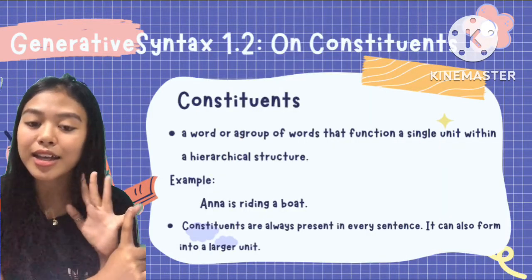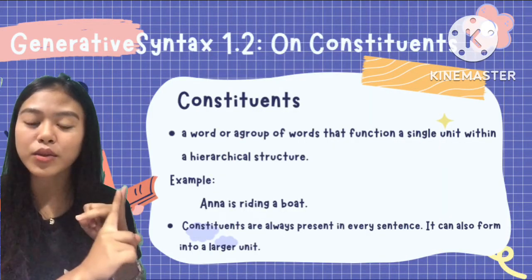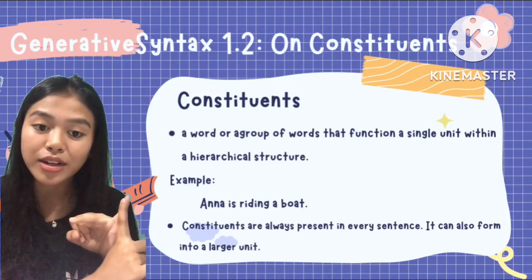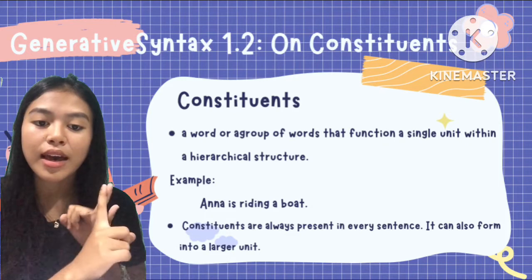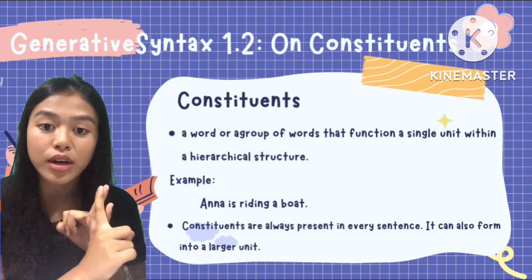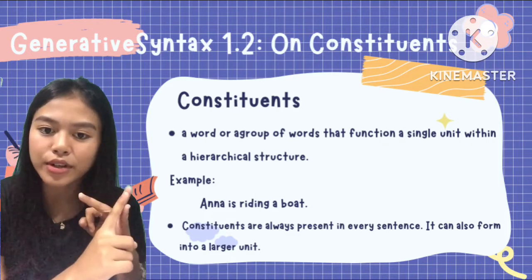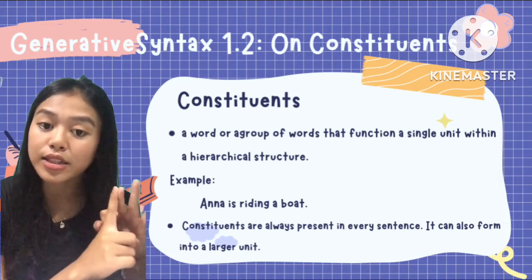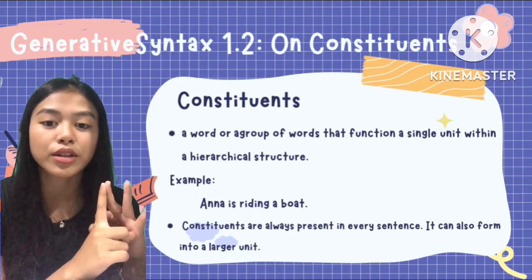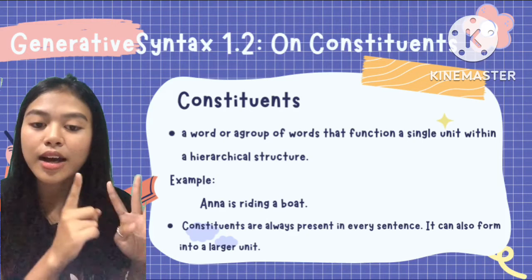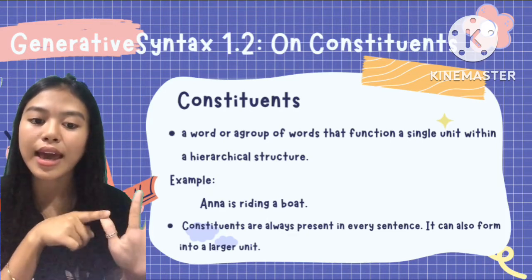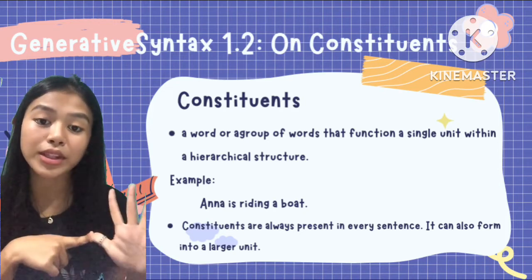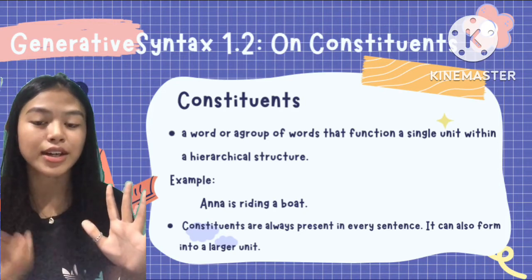Since Anna is one constituent, since it is a noun under the node of a noun phrase; is is a verb, a linking verb; a is a determiner, which is also under a noun phrase; riding is a verb, which is a verb phrase; and boat is a noun, which is under a noun phrase.